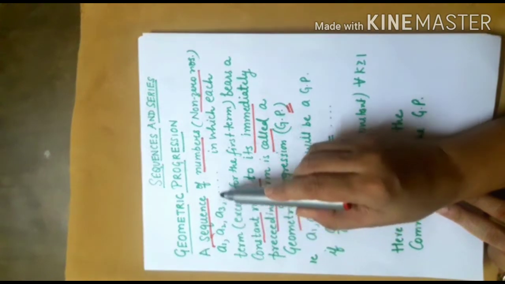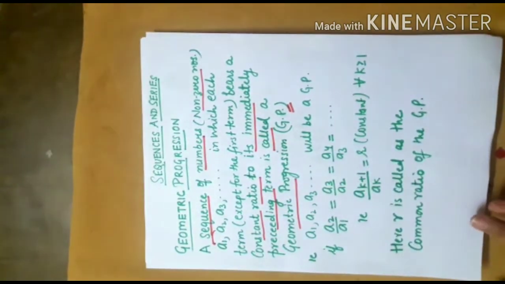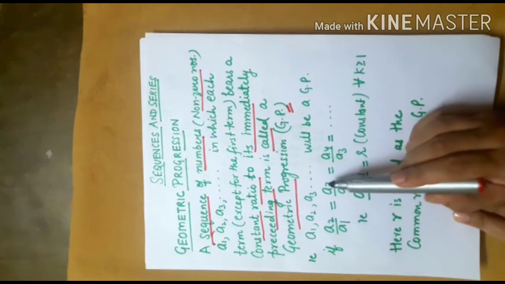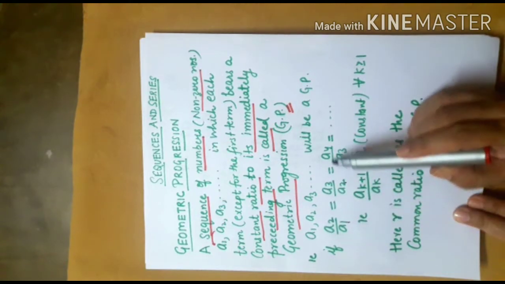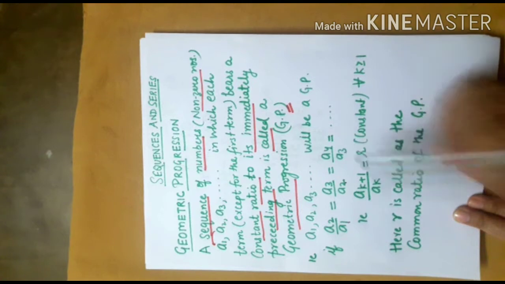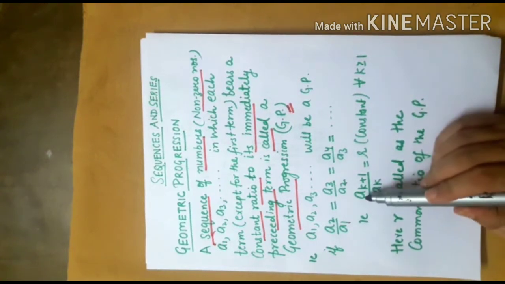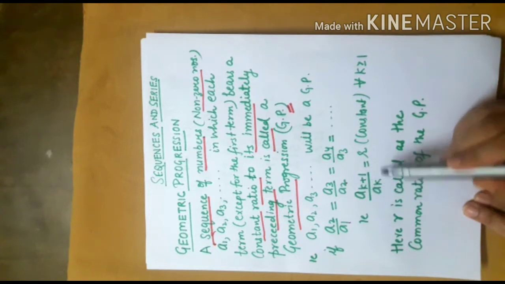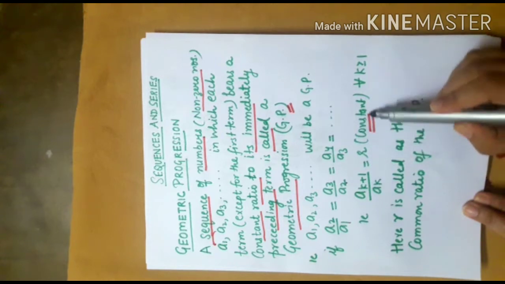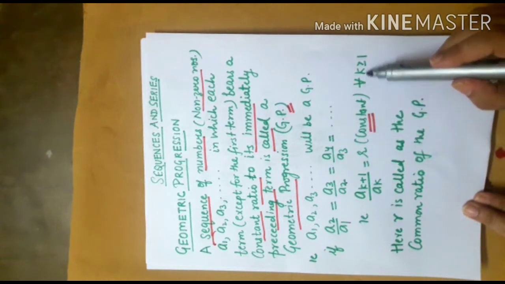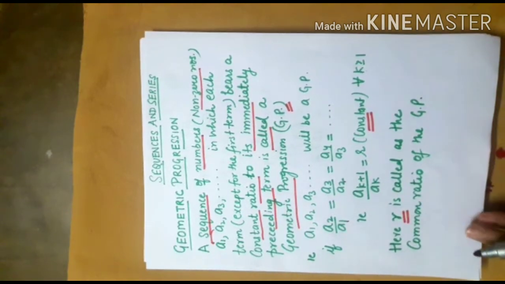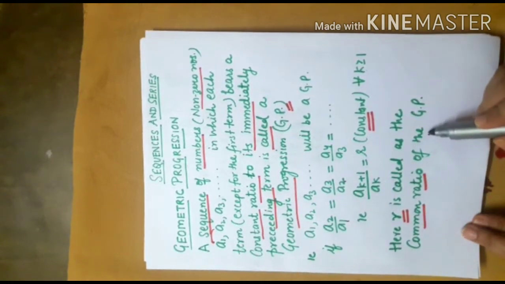So this sequence of numbers will be a GP if a2 over a1 is equal to a3 over a2 is equal to a4 over a3. That is, ak plus 1 over its immediately preceding term ak is equal to r, a constant ratio, for all k greater than or equal to 1. Here r is called the common ratio of the GP.